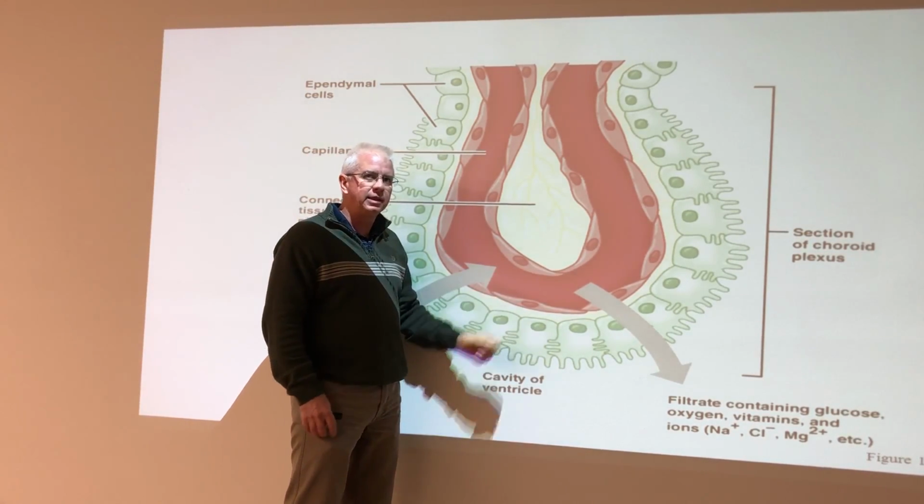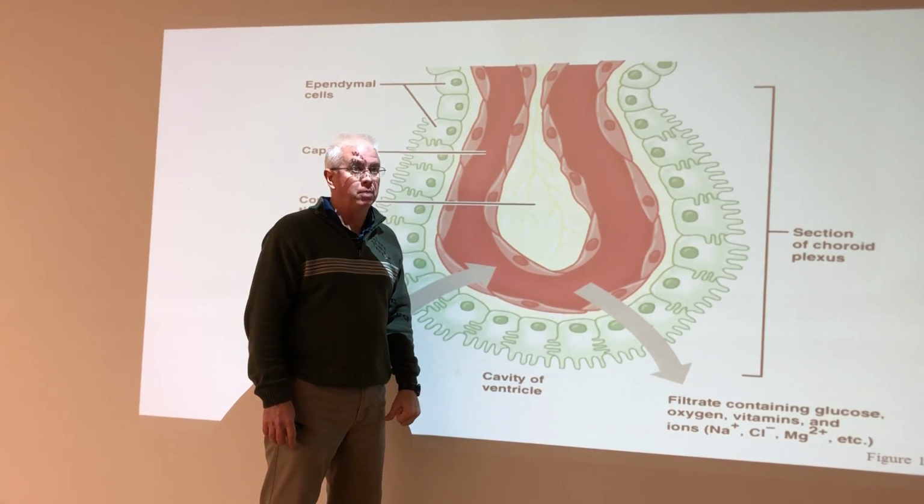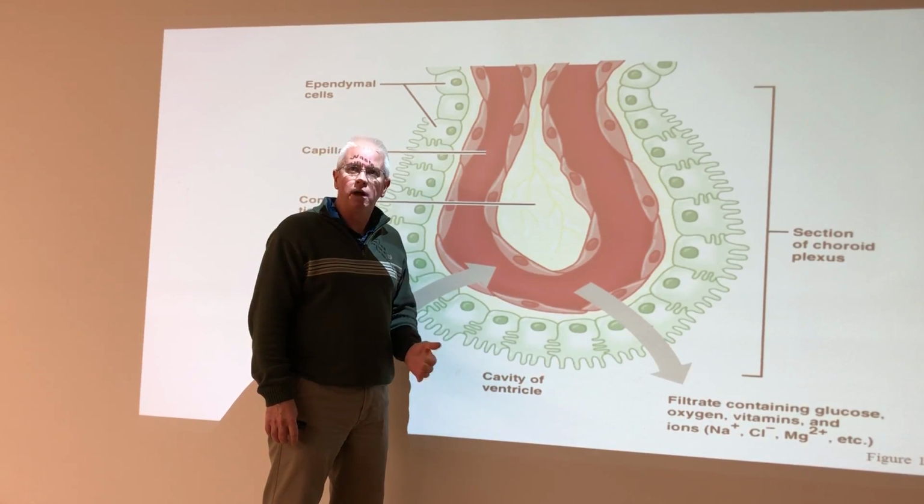What kind of fluid is in the capillary? Blood. And blood is made up of plasma and blood cells. Plasma is mostly water.